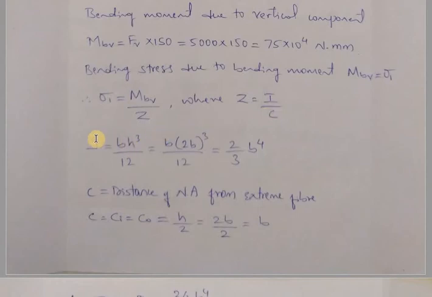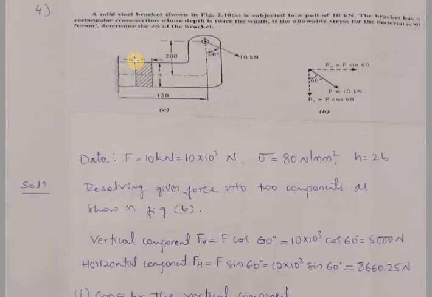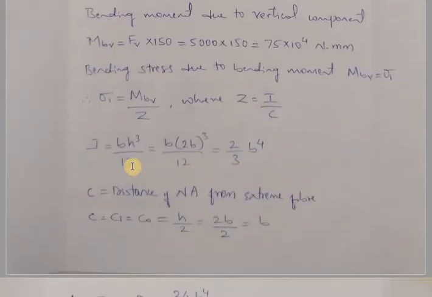So for a rectangular cross section, okay, here we have this rectangular cross section. For rectangular cross section, moment of inertia I is given by bh cube by 12, or we also write it as bd cube by 12. So here we don't have the values of b and h, okay, but we have the h value in terms of b, that is twice the width, we have the height. So I will write h as 2 times b. So moment of inertia can be written as 2 by 3 into b raised to 4 after resolving this.